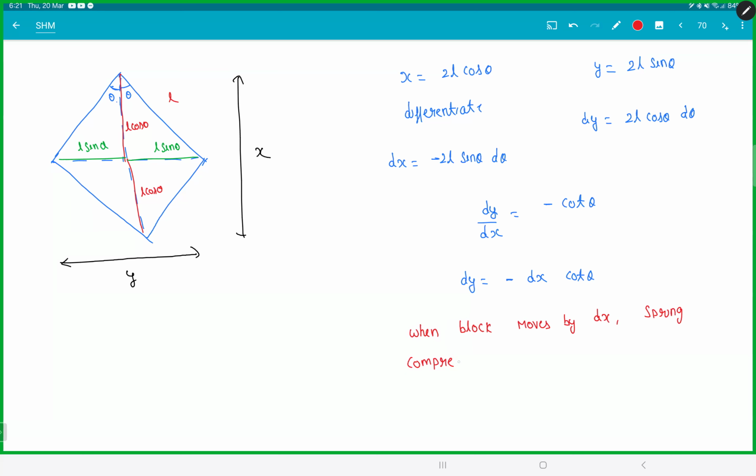And negative indicates compression. So if you pull the block by x down, the spring will compress by x cot theta.